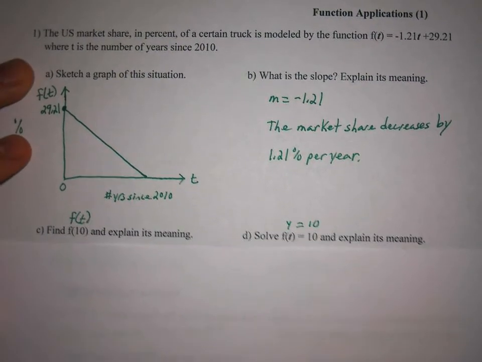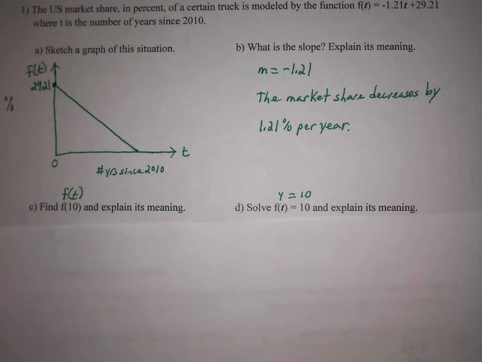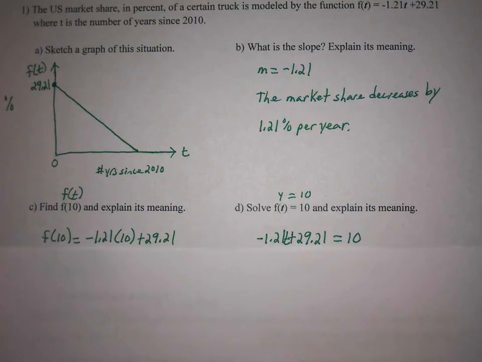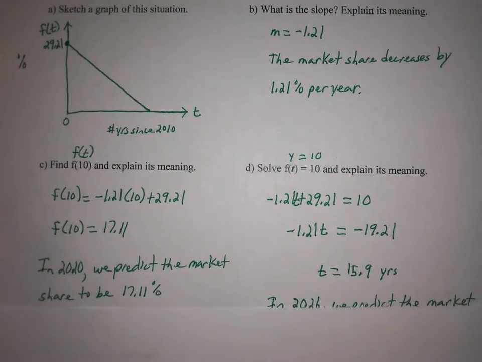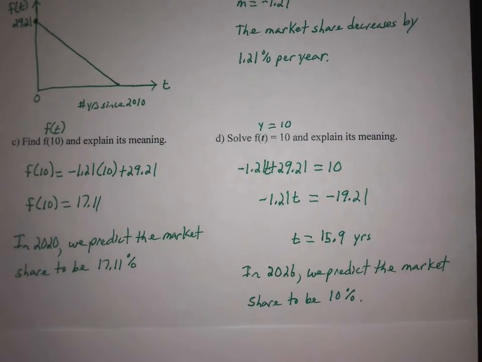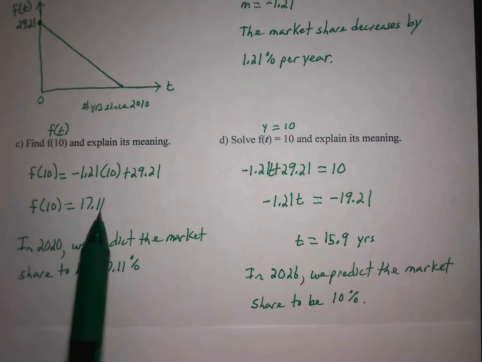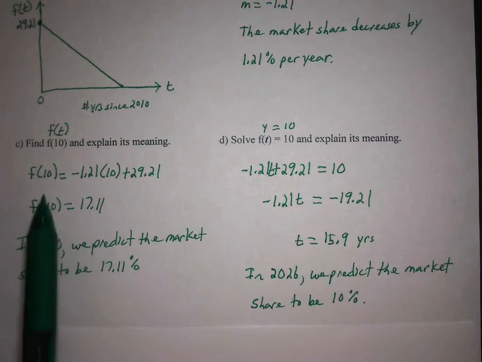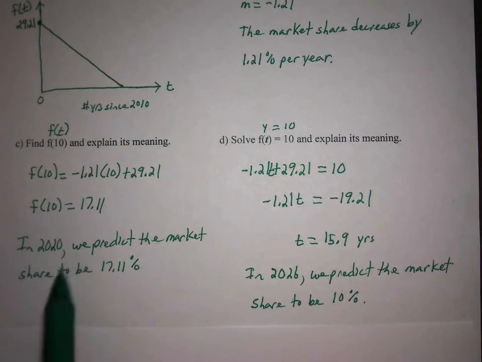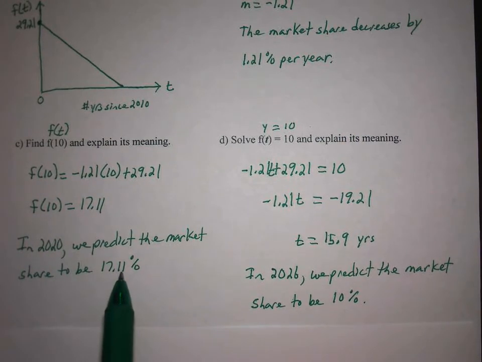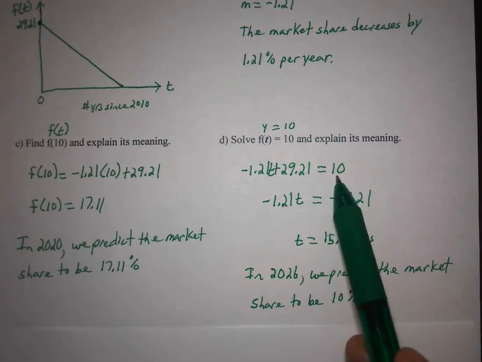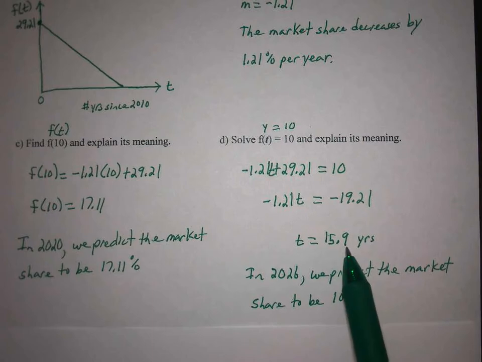So you solve each of those and pause the video and do that. In part C, you get f of 10 equals 17.11, which means in 2020, we predict the market share to be 17.11%. And then in part D, we started with 10% and we solved for a t value of 15.9.